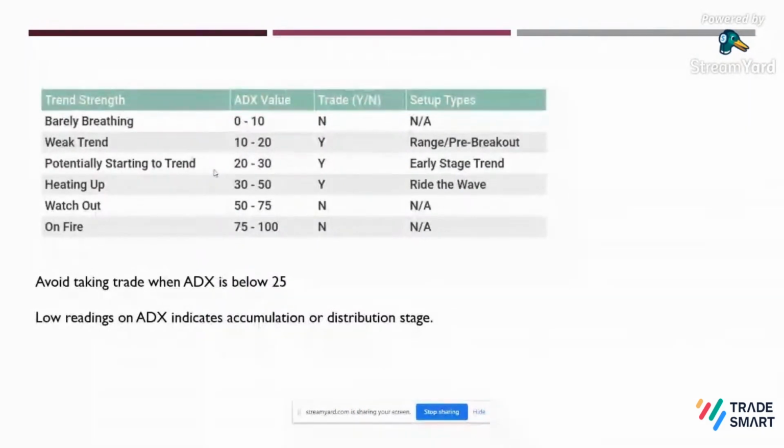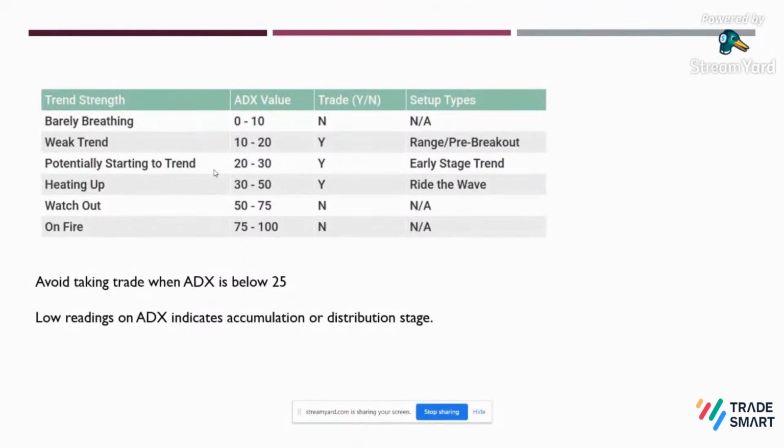Many traders use an ADX reading above 25 to take trade entries, and as soon as it goes above 25 and shows a little more strength, they start riding the trend until it reaches the extreme levels.